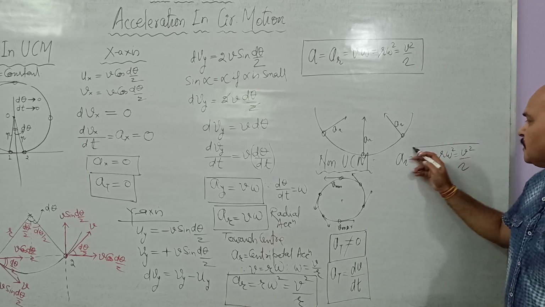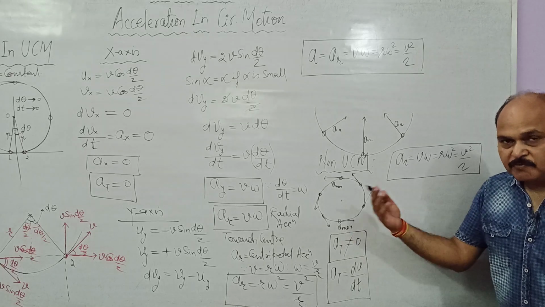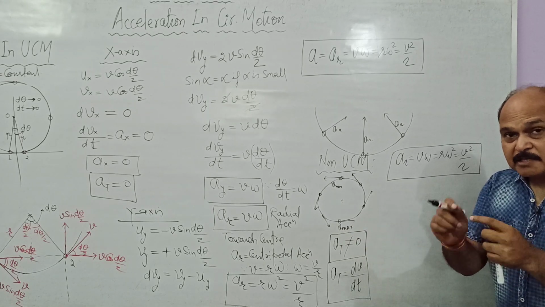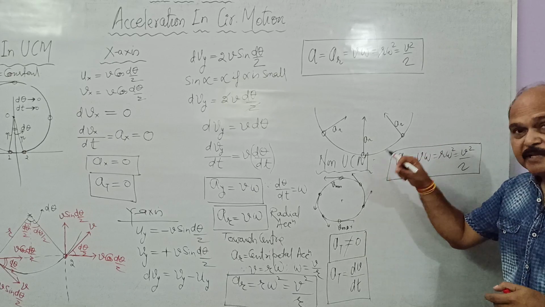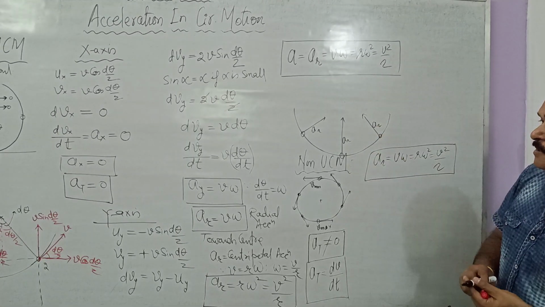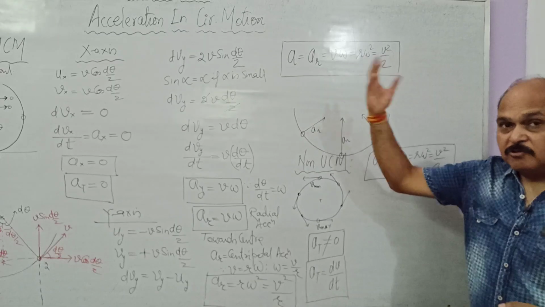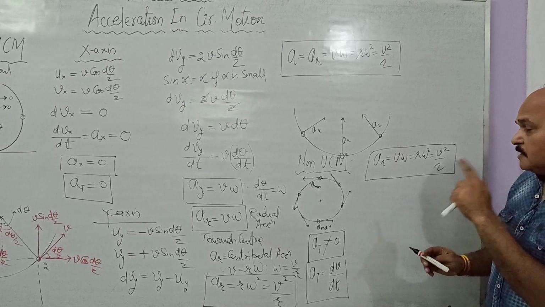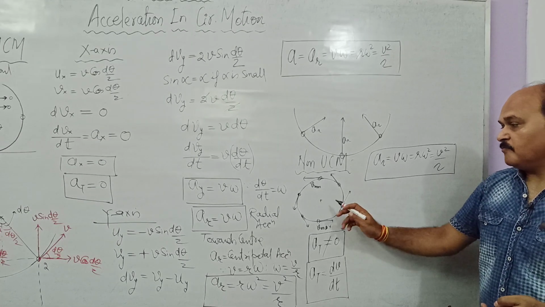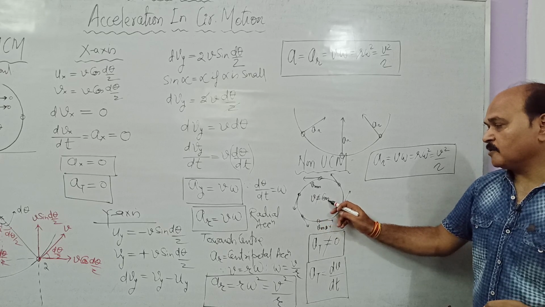But remember, this radial acceleration which is present in non-uniform circular motion differs in magnitude as well as direction at each and every instant. In uniform circular motion, this acceleration is fixed in magnitude, but in non-uniform circular motion, since v is a variable, the speed is not a constant.